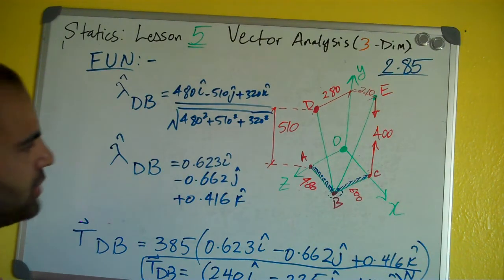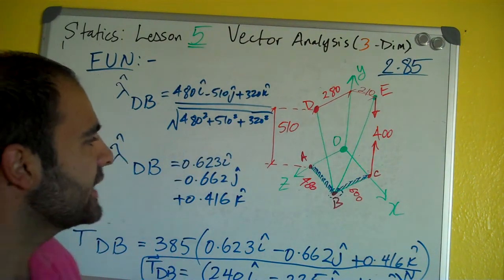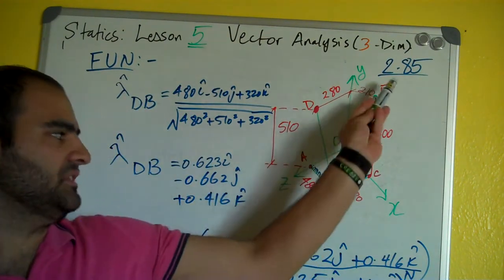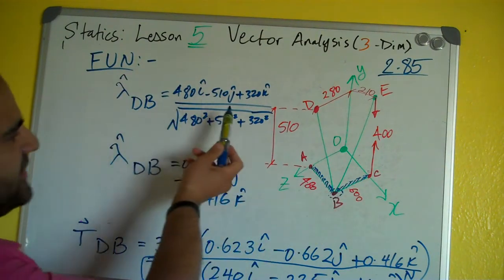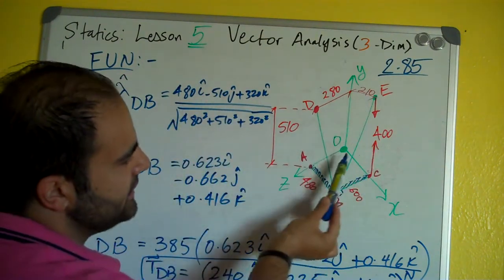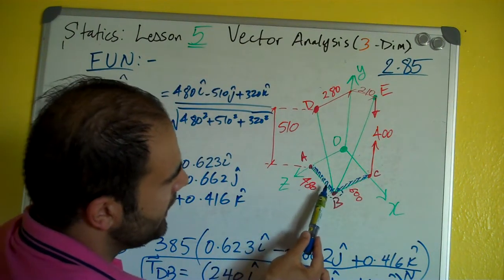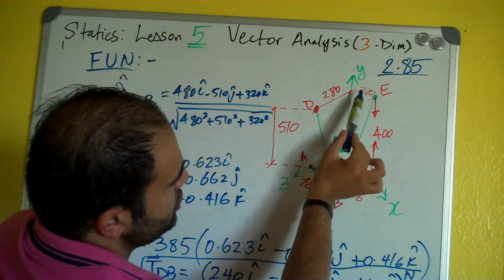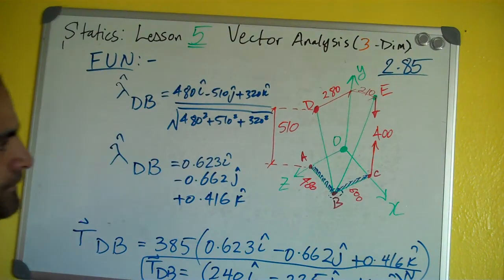Now if your hypothetical homework assignment asks you to find the tension in EB, let's say, your B is fixed. Your E is going to be going this, 480, and then this, which is 210, and then you're going up 400.